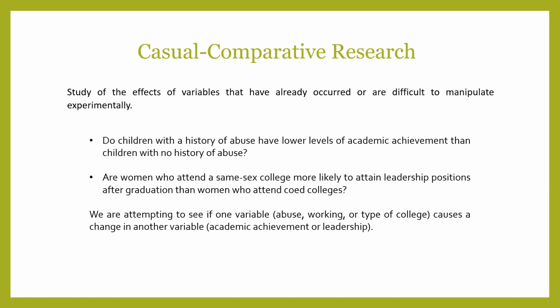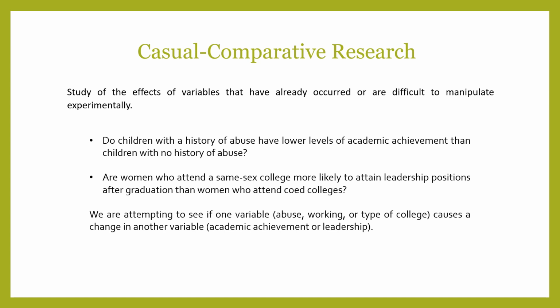Now, causal comparative research. In this kind of research, we study the effects of variables that have already occurred or are difficult to manipulate experimentally. It is similar to the experimental research, but the difference is that in the experimental research, we can manipulate the variable.